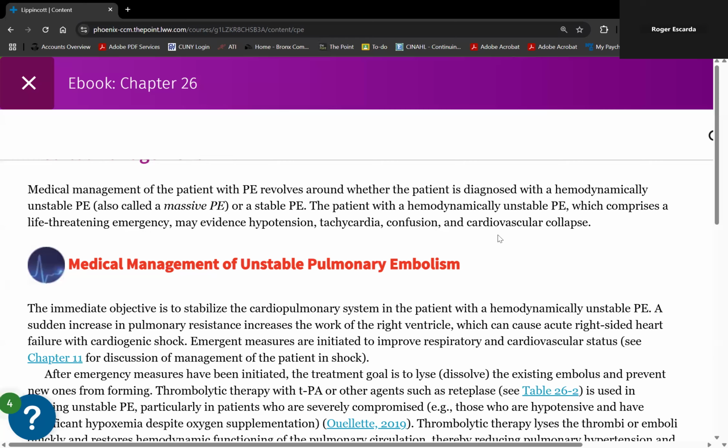So we do CPR, full ACLS, bring them back, and then as far as the PE is concerned, they'll be given thrombolytics. Okay, only massive PE. Submassive PE is hardly ever given thrombolytics. It's not worth the risk. So only anticoagulants.